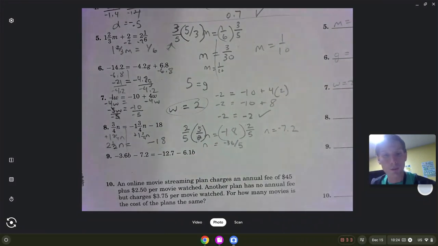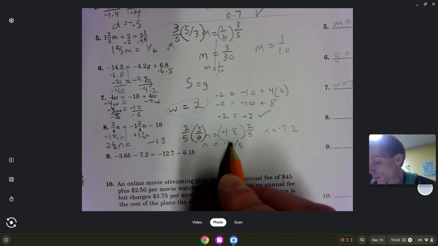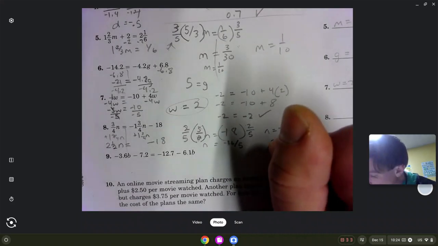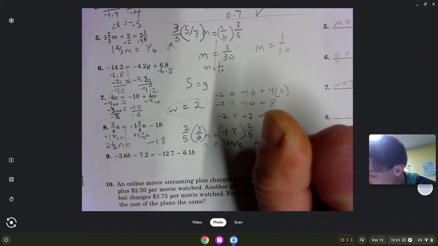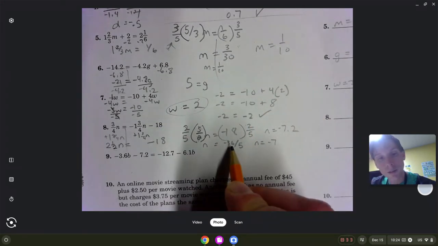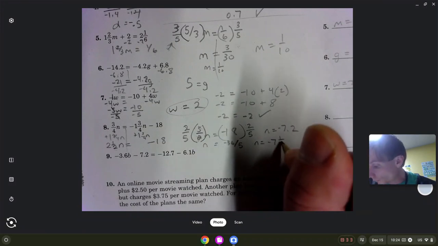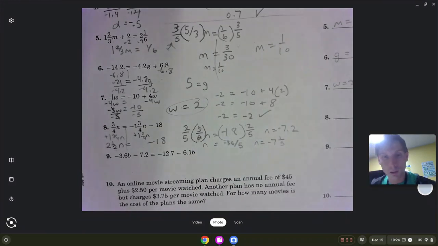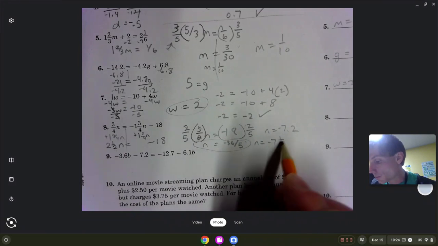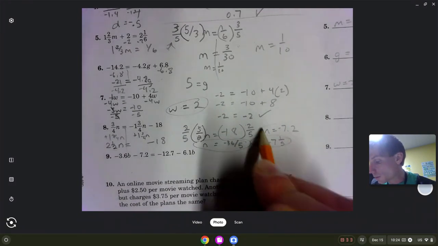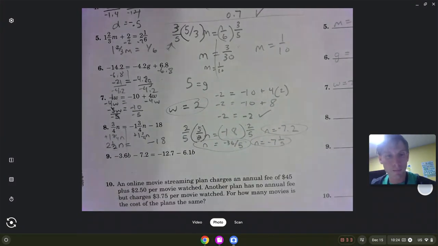Okay, that would also be okay. If you want to convert it back to a mixed number, 5 goes into 36 7 times. And 36 minus 35 is 1, so 7 1/5. So these are all correct answers here: improper fraction, mixed number, decimal. Okay. All right. Great.